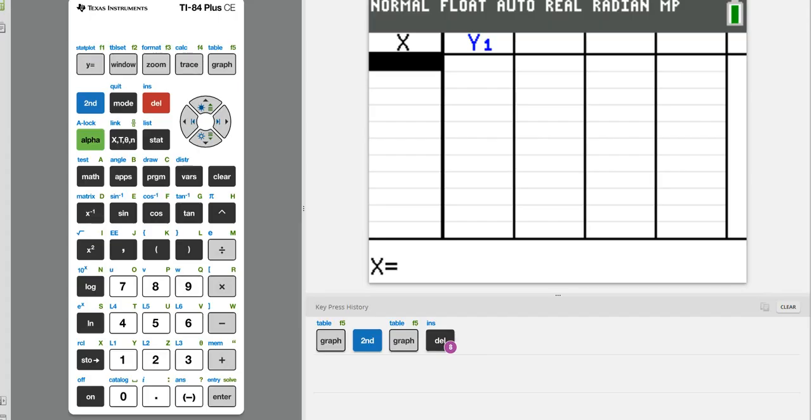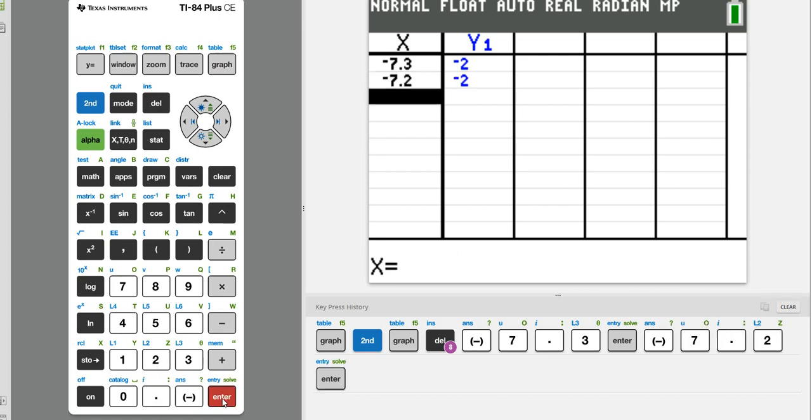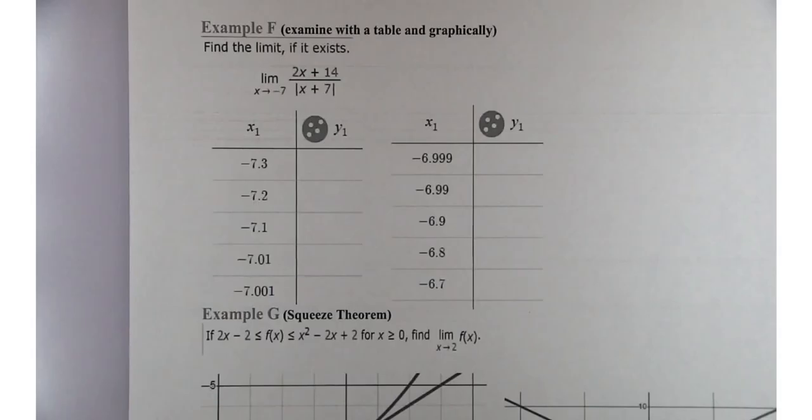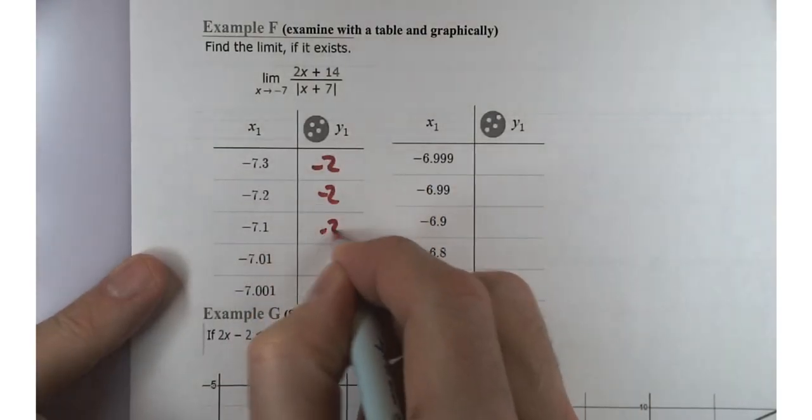Let's type in negative 7.3, negative 7.2, etc. And what you're seeing, which is reflected in the graph, is that it's always -2 when you're approaching from the left, and +2 when you're approaching from the right.